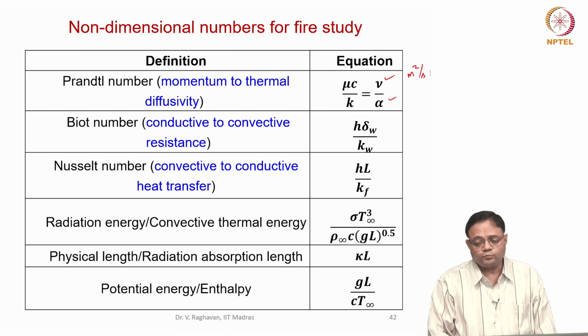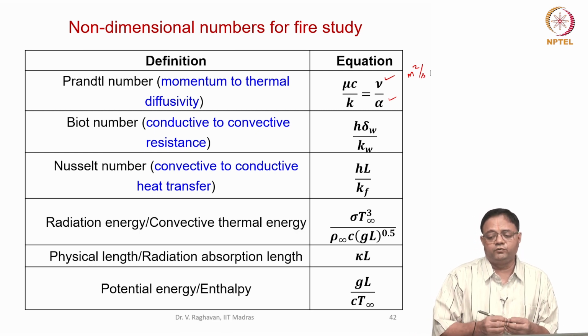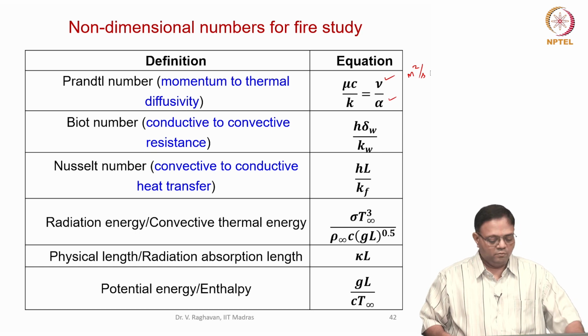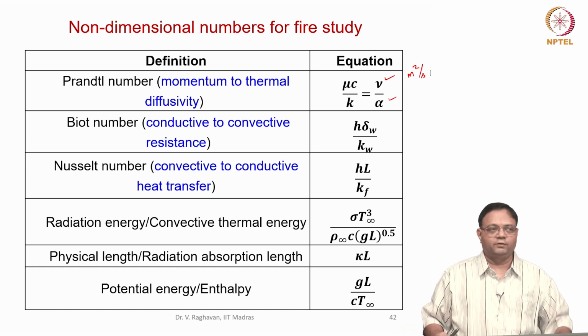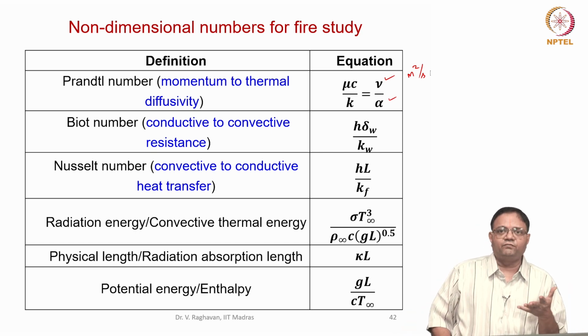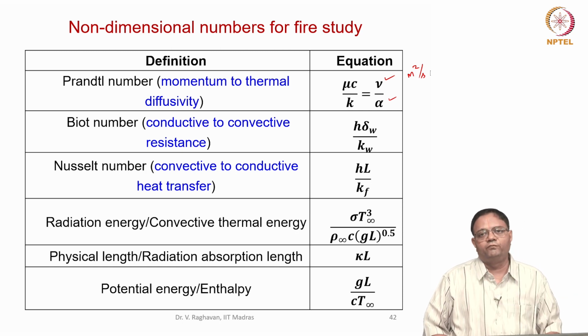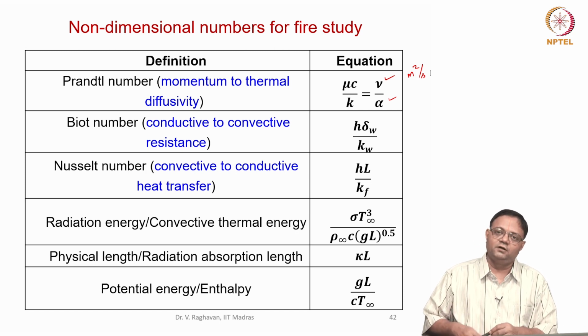So now the momentum to thermal diffusivity ratio will tell you about where the flame will be formed when there is burning of a horizontal layer, for example in forced convection: where the hydrodynamic boundary layer will be formed, where the thermal boundary layer will be formed, etc., can be determined by this. You understand?